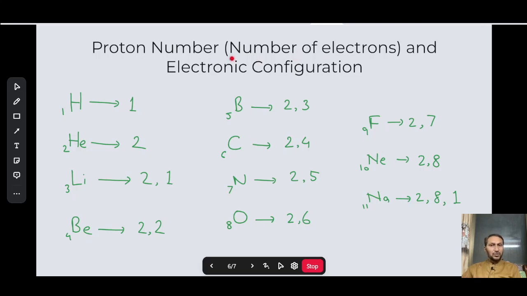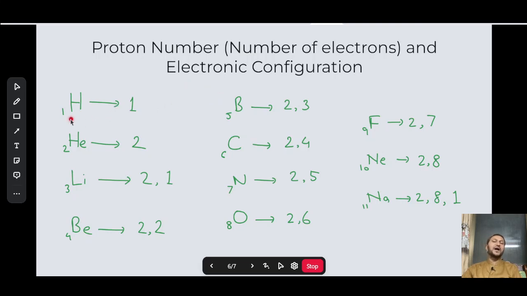So if the proton number is given, we can deduce how many electrons it contains. Once we know how many electrons there are, we can find the electronic configuration. What is the electronic configuration? It is the arrangement of electrons in the shells of an atom.